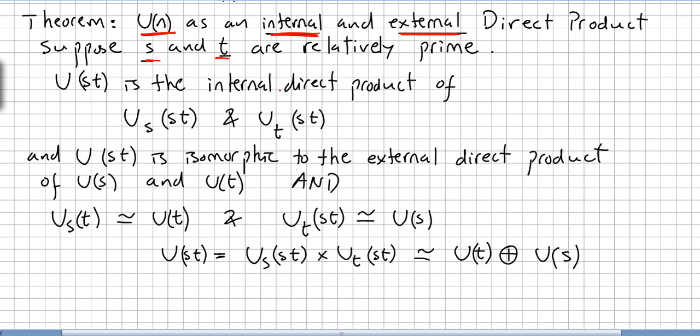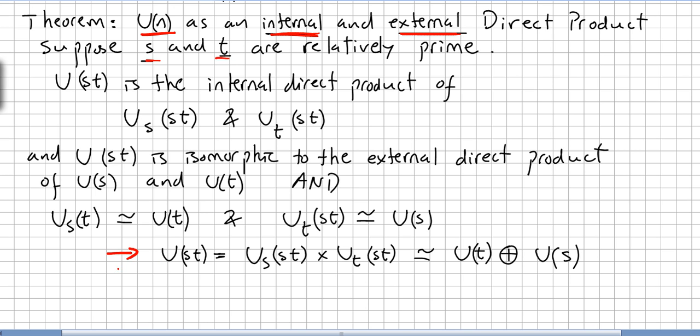U of st is the internal direct product of U_s(st) and U_t(st). And U(st) is isomorphic to the external direct product of U(s) and U(t). And further, you can say that U_s(st) is isomorphic to U(t) and U_t(st) is isomorphic to U(s).